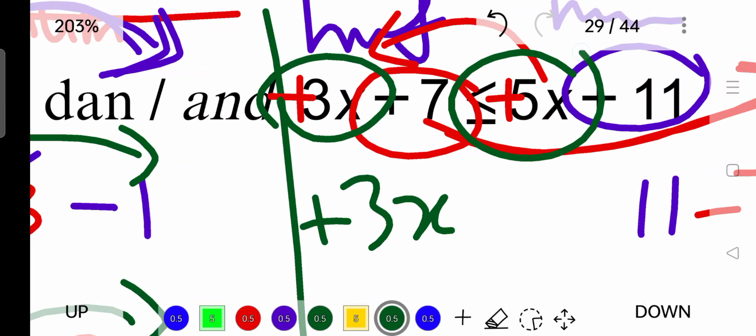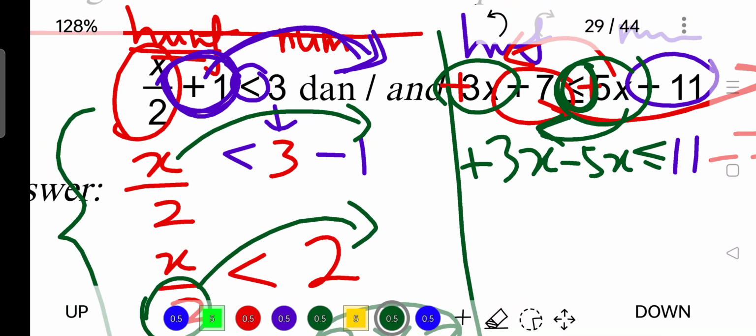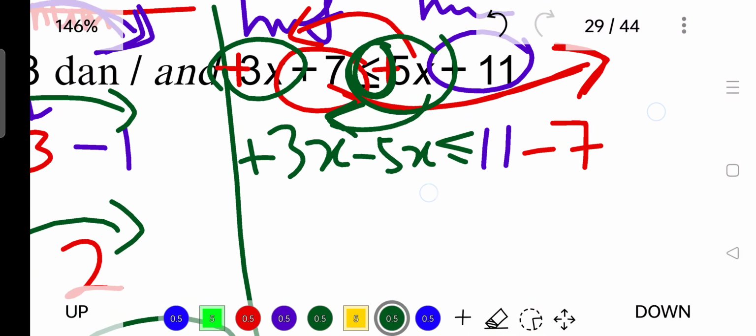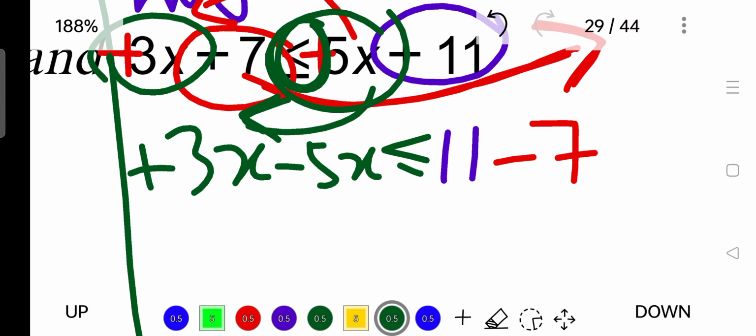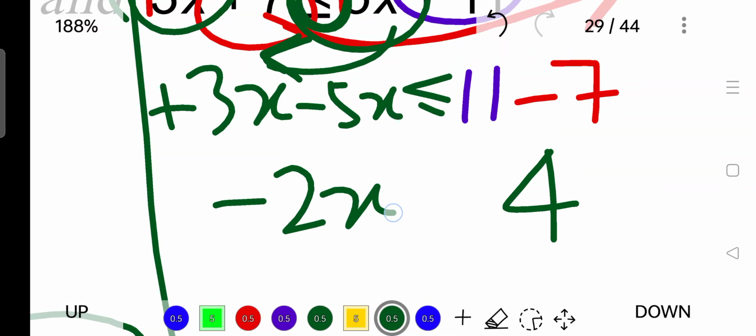But this plus 5x, I have to bring over, so it'll become minus 5x. It doesn't involve any of the three requirements that I've mentioned earlier, so I just leave the symbol of inequalities as it is. So now the answer over here is 4, and the answer over here is negative 2x.